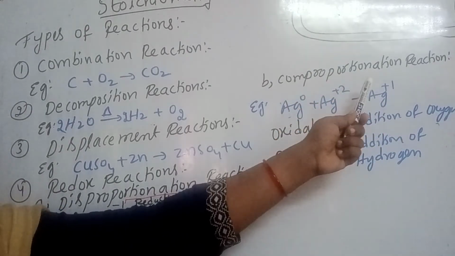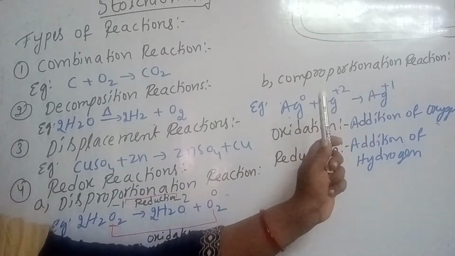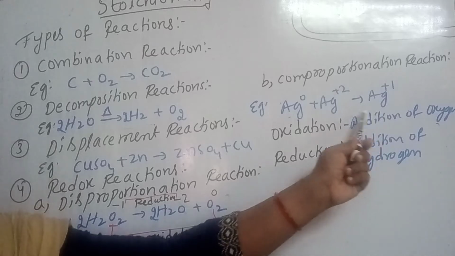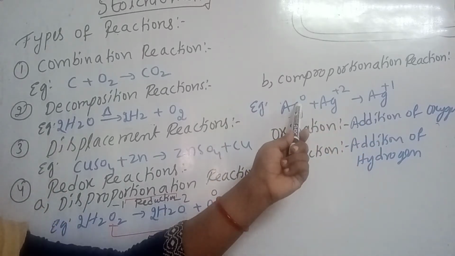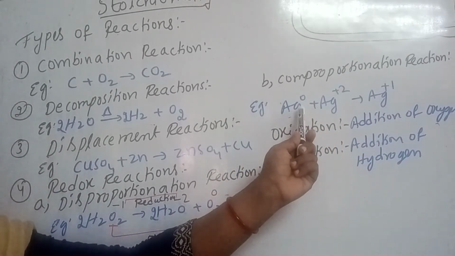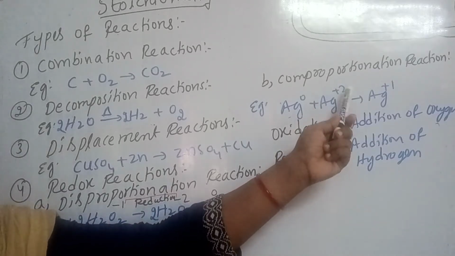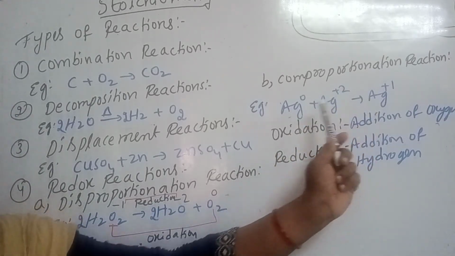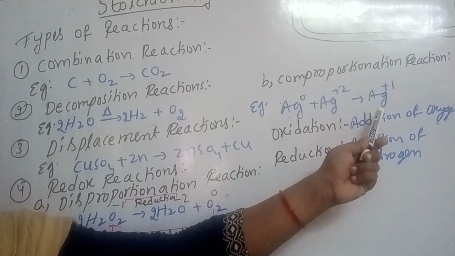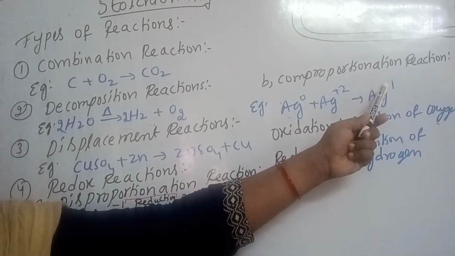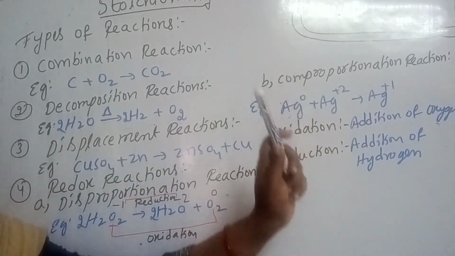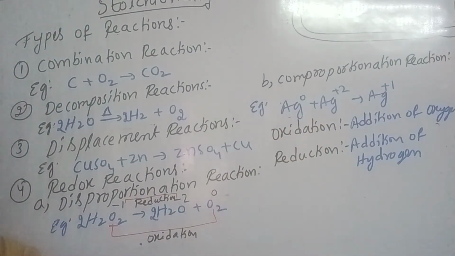Such a reaction is called a comproportionation reaction. For example, silver: in elemental state it has 0 oxidation state, and in compounds it forms +2 and also +1. Here both combine to form Ag +1. So +1 is the intermediate between 0 and +2. Such reactions are called comproportionation reactions.